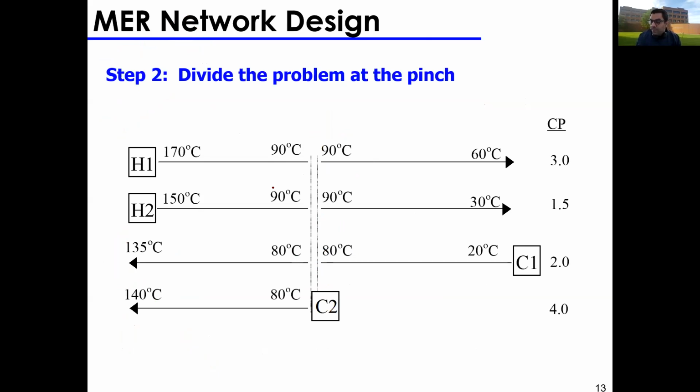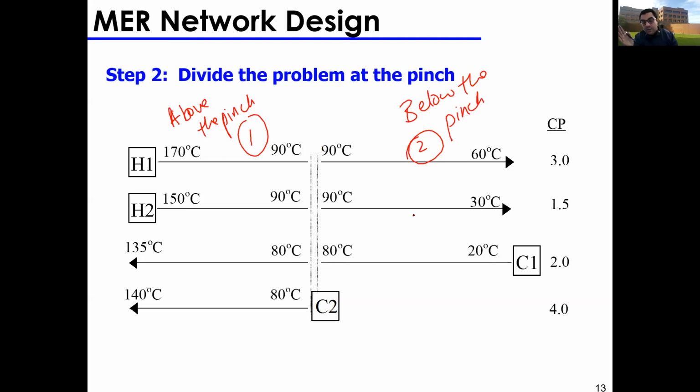The first problem is the hot side, or the hot end, or above the pinch, whatever you want to call it. This is problem number one, and this is problem number two, below the pinch. I divided my system into two smaller problems, and now we're going to look at them one by one.